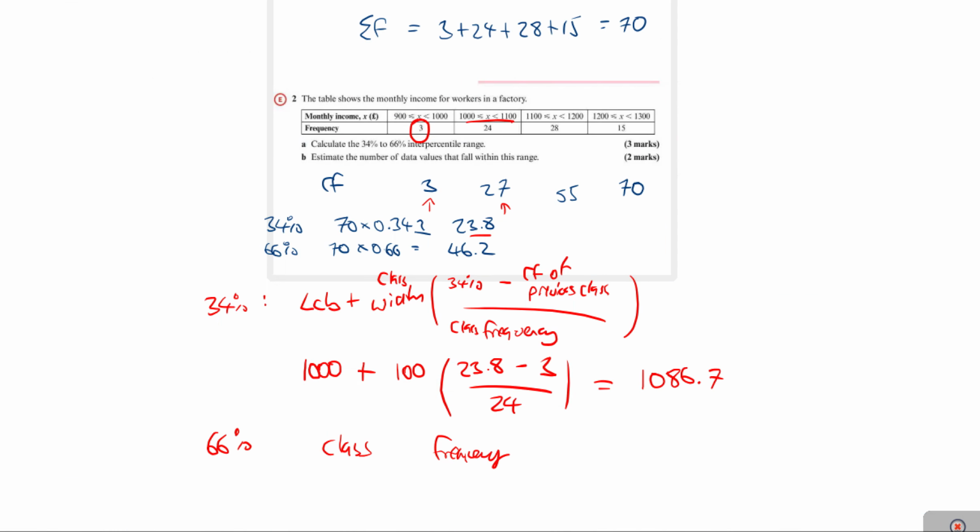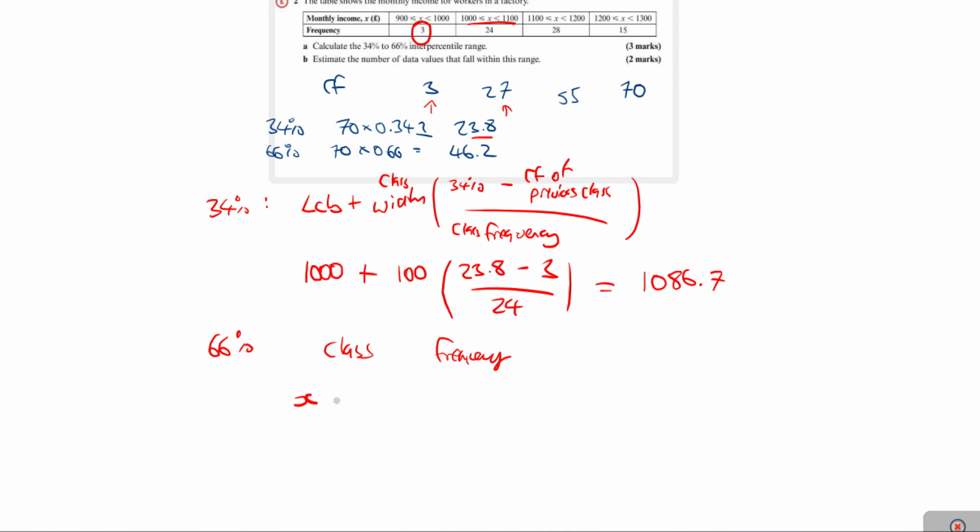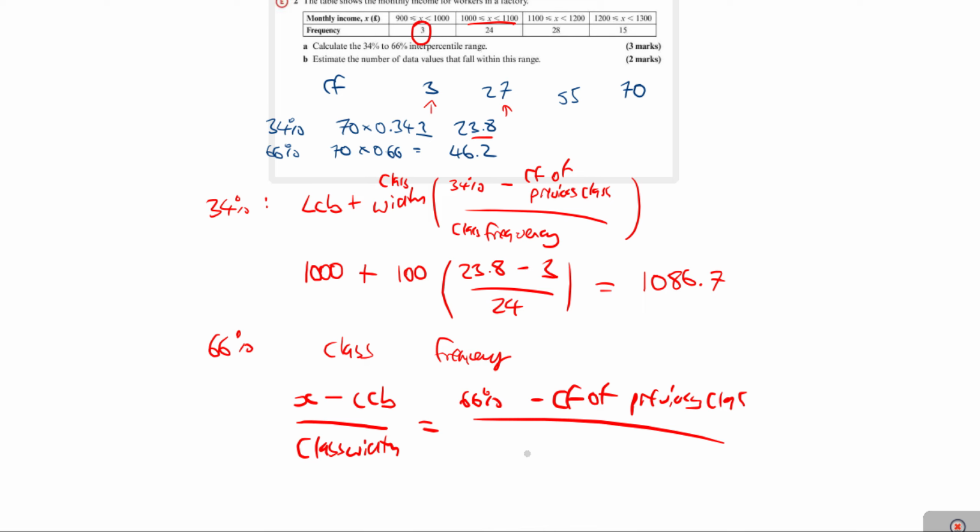So what we're interested in is the value x minus your lower class bound, divided by your class width, and that's equal to your 66% value in this case, minus the cumulative frequency of the previous class, divided through by the class frequency.